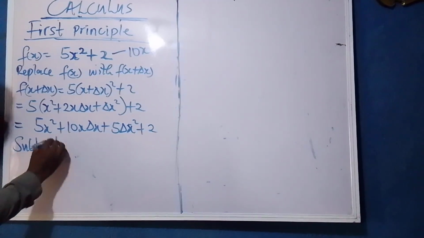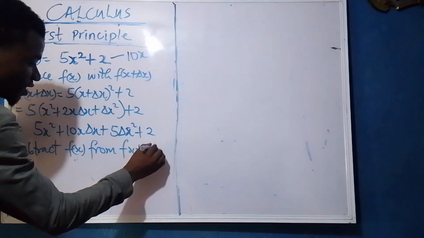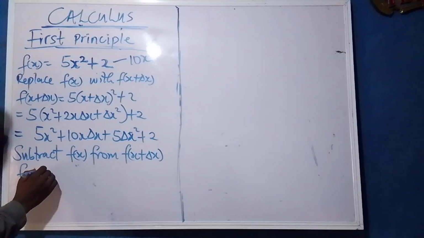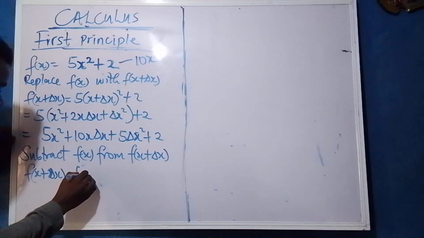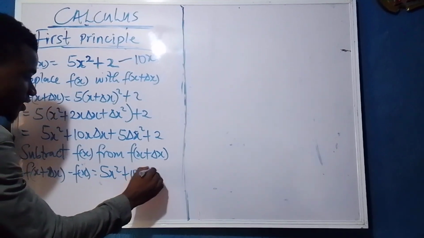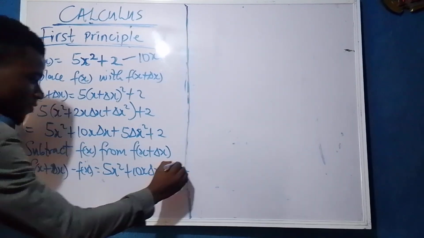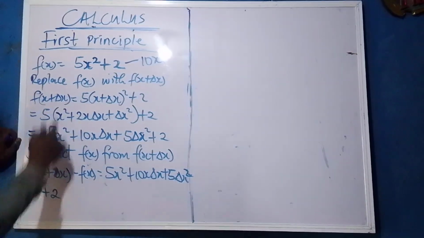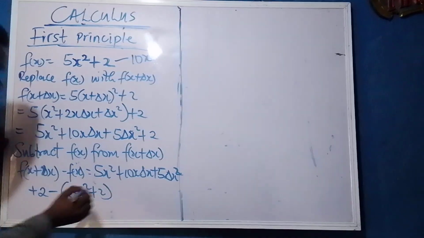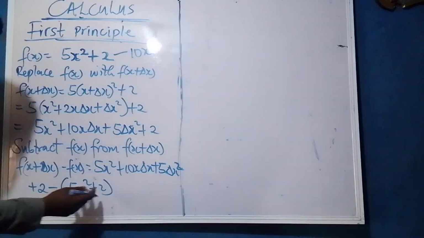So the next step to take is subtract f of x from f of x plus dx. So that will be 5x squared plus 10x dx plus 5 dx squared plus 2, then minus open bracket 5x squared plus 2. Now don't be in a rush to just put minus 5x squared plus 2, because the minus will also affect the 2.